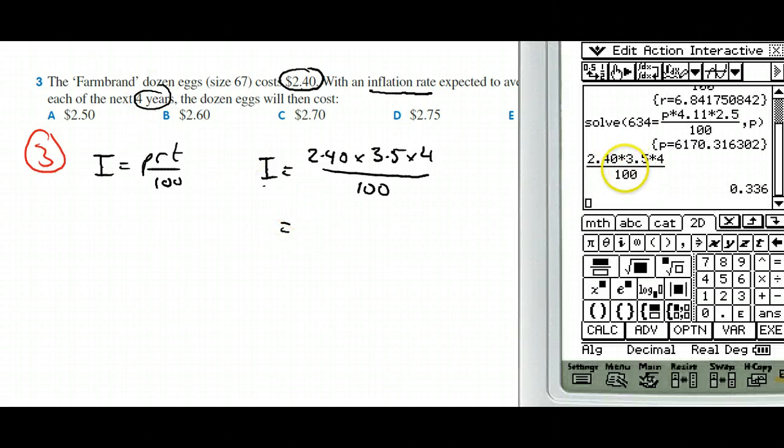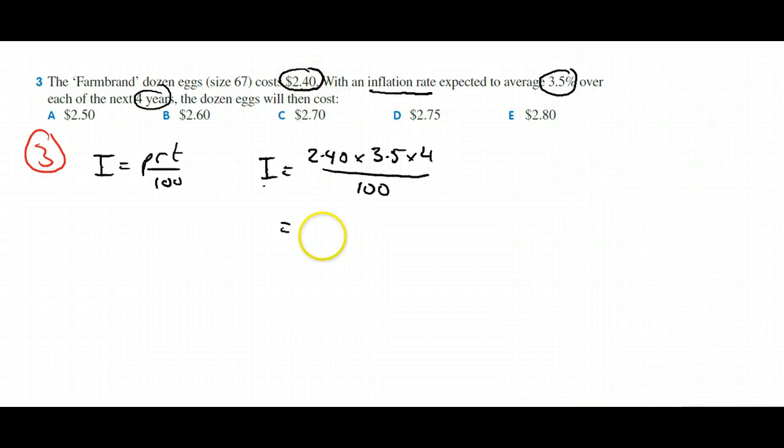Okay, so here's the equation that we put into the calculator. We didn't need to put the solve function because we were trying to find the thing that's on the other side of the equation, the I equals bit, so it's all set up. And we got 0.336 was the amount of interest, or the increase in the value of the principal.